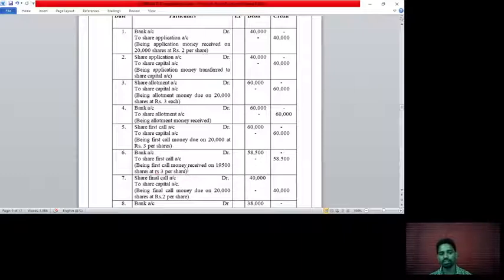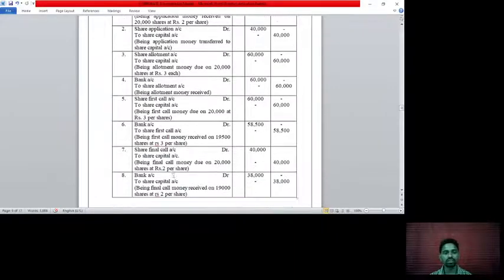Now this is the amount they are going to collect. Now see, share final call account debit rupees 40,000 to share capital account credit rupees 40,000, being final call money due on 20,000 shares at rupees 2 per share. This means 20,000 into 2, which is 40,000. Now, how much will they collect from this 40,000?